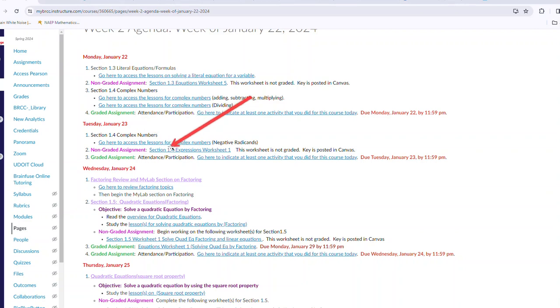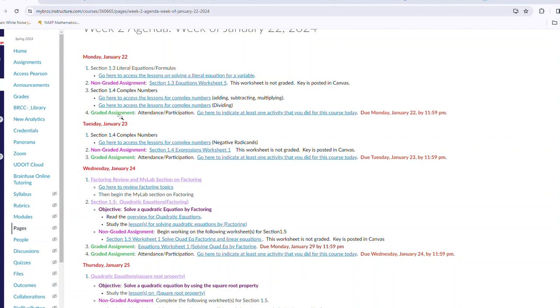Be careful how you're asking that. So I'm looking at section 1.4. There won't be any graded worksheets for 1.4. What I'm saying though is that on MyLab, it'll be graded.